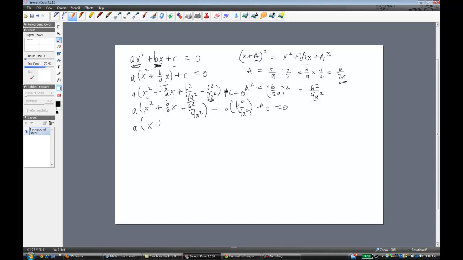So we have x plus b over 2a squared minus a over 1 times b squared over 4a squared, cancel the a's, and we have b squared over 4a plus c equals 0. Now, in order to solve this, we need to isolate the x, and we've come a long way because we've gone from having two instances of x, which are incommensurable.